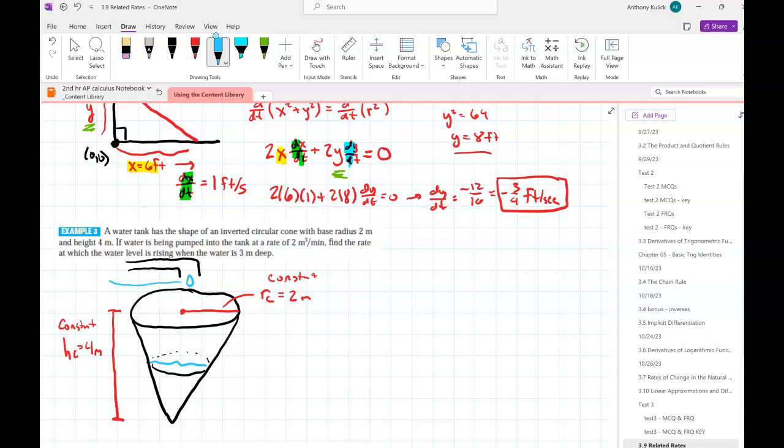So it's going to be really important that I have a way to keep those apart, right? Then it says water is being pumped into the tank at a rate of 2 cubic meters per minute. What are we going to call that? It's going to be dV/dt because it's a volume, cubic meters, right? Water is measured in volumes.